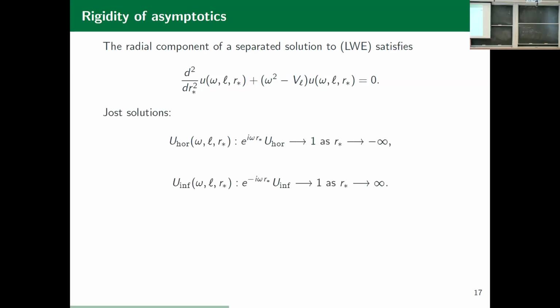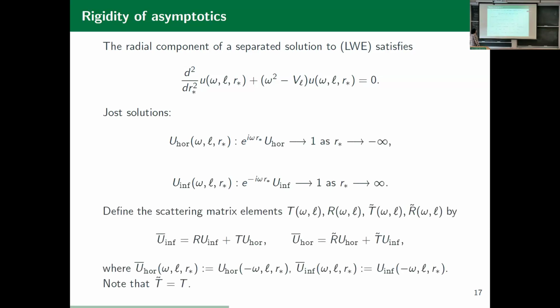Okay, so for this ODE, we define the so-called Jost solutions, and these are solutions that are normalized at singular points of the ODE. So we have U horizon, which is purely outgoing at the event horizon, where r star goes to minus infinity, and then we have U infinity, which is purely outgoing as r star goes to infinity. And then U horizon and U inf are different solutions as long as their Wronskian is non-zero, and I'll talk about that in a bit.